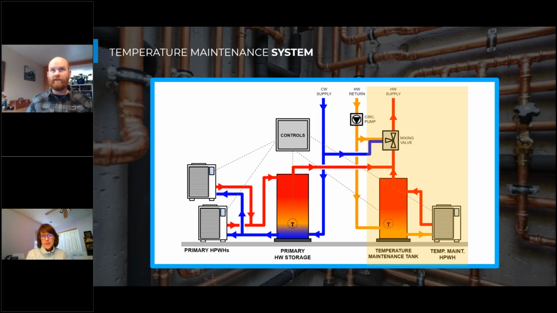The challenge is, if we can utilize one tank, we typically get a better use of our effective storage volume, or we get better use out of that storage tank. Using multiple tanks either in series or parallel is great to extend our thermal storage capacity.